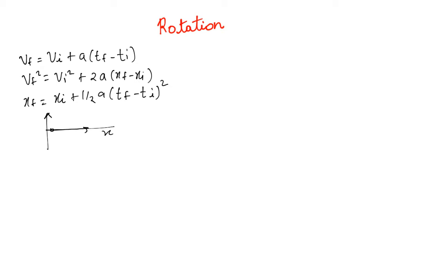Very similar to distance, there is another quantity that follows these three equations and behaves very much like distance. And if you give it a thought, you will find that it's angle. If you look at the watch, our clock, we have a second hand.